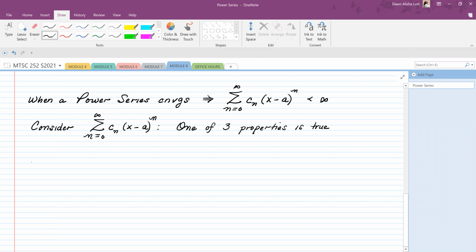All right, so the first one, that is the series converges at x equal to a and diverges for all x not equal to a. Obviously, if I put in x equals a, I just get 0 to the n. So I'm adding up a bunch of terms that are 0 with the exception of the first term. And so therefore it's going to converge.